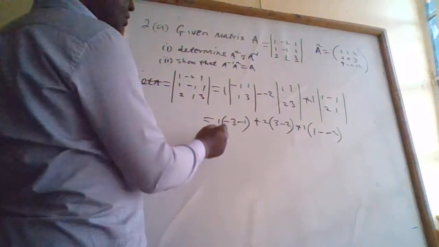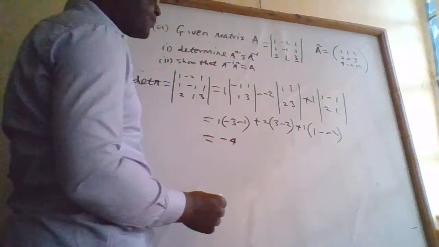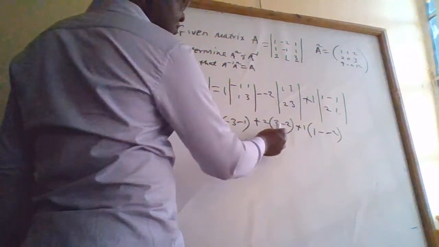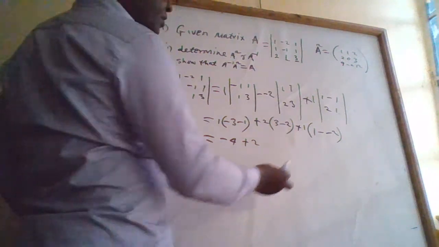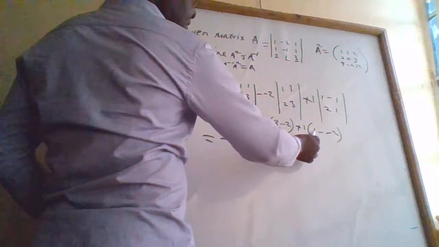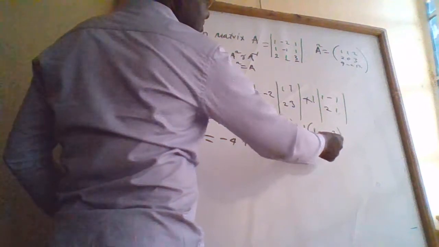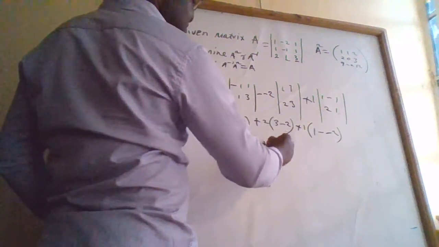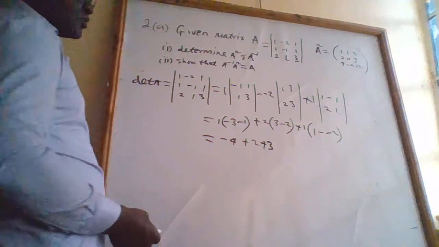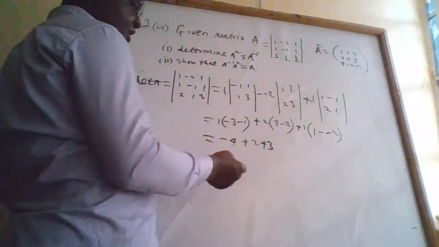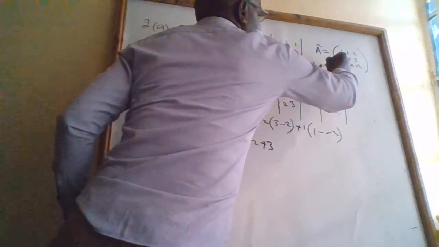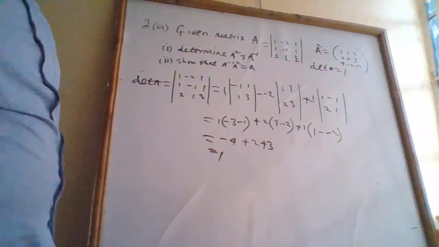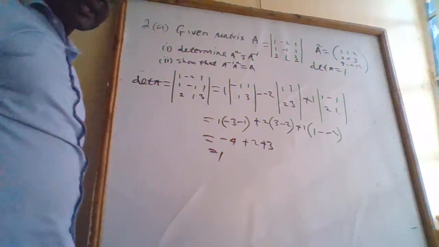So this equals to this minus 4 plus 1 plus 2 plus 2. And here we have minus 2 minus 1, so it's 3 times 1, so plus 3. Minus 4 plus 2 plus 3, 5, so we have 1. So therefore, determinant equals to 1.